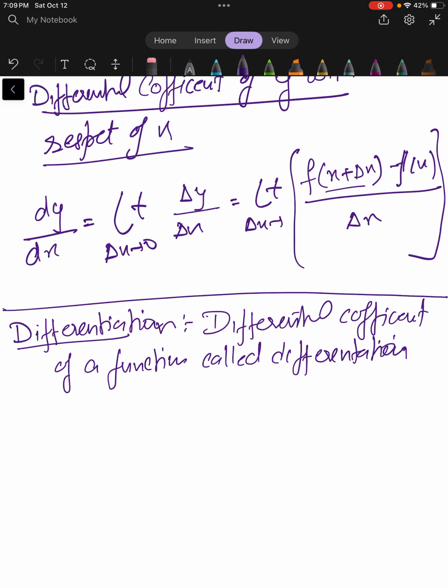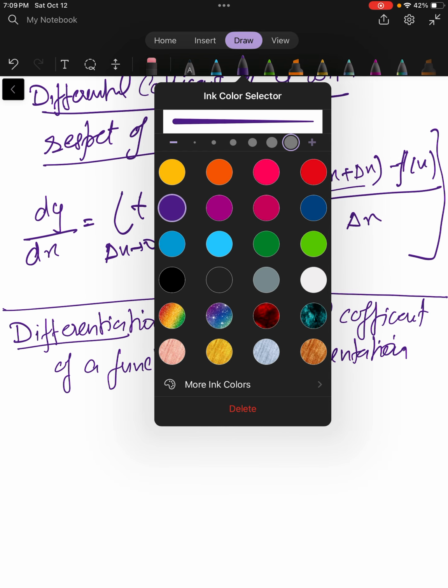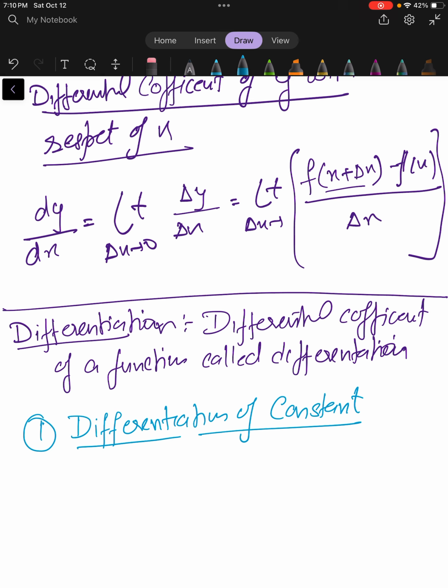Okay, so let's discuss some theorems of differentiation, then we will come to some more forms. First is the differentiation of a constant. The differentiation of a constant is 0.